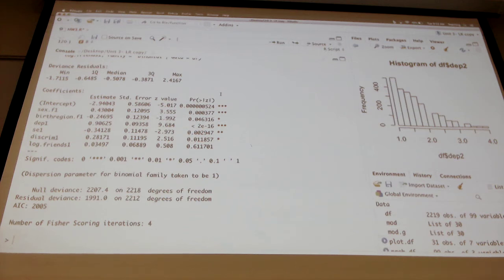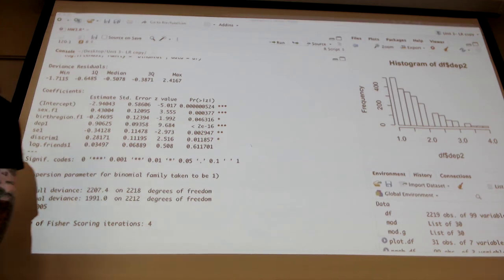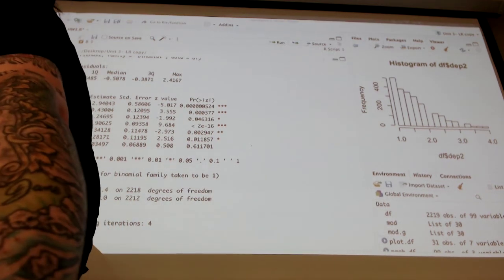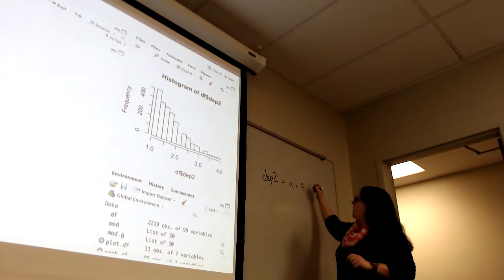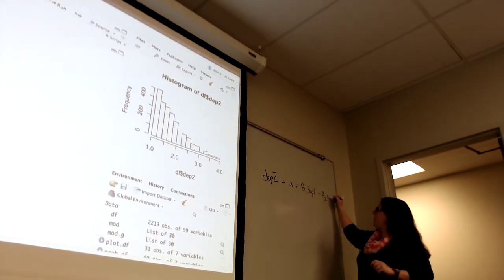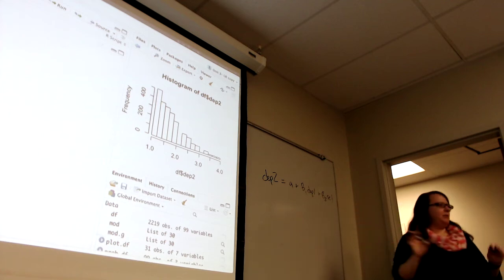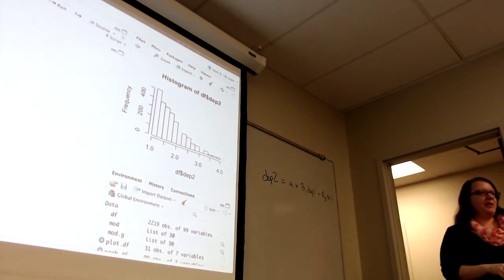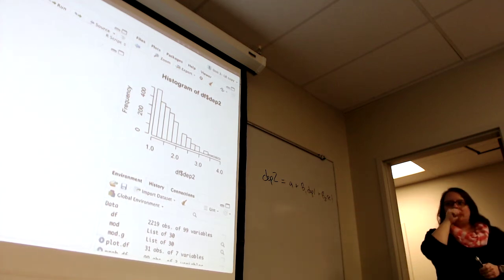Let's just take a very simple regression of any kind. It could be logistic, it could be whatever, any kind. Say depression 2 is equal to some constant plus B1 times depression 1 plus B2 times self-esteem 1. Let's just keep it really nice and simple for the moment. No logistics, no nothing.